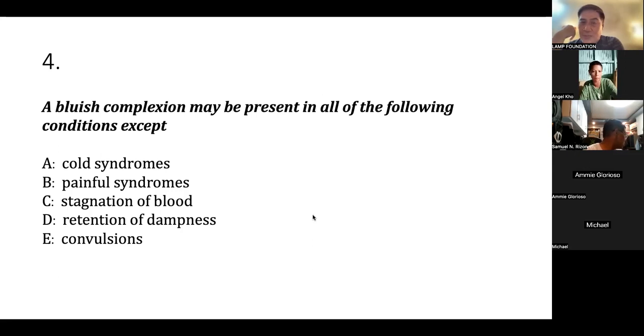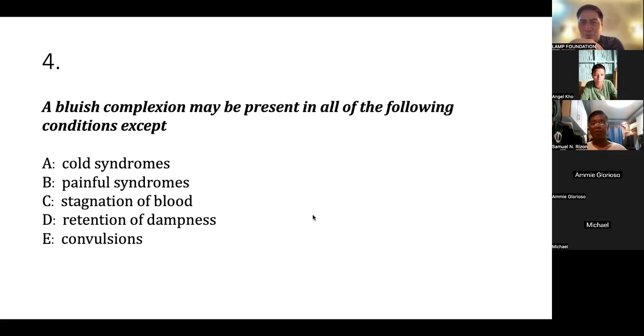Okay. When you think of spleen, what color are you going to associate it with? Retention of dampness. So definitely hindi blue ang retention of dampness. Okay, so all the rest will have bluish complexion.